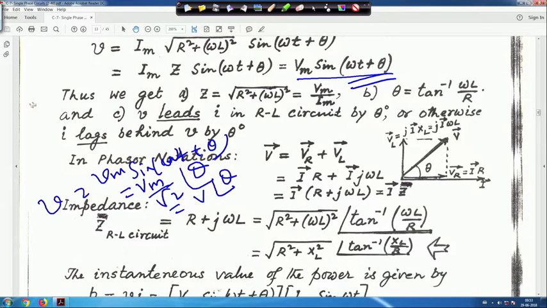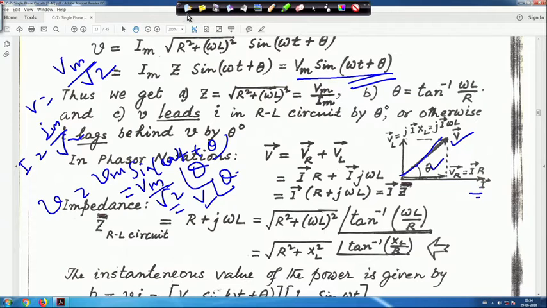V is the RMS value, V is equal to Vm by root 2. Similarly, I is equal to Im by root 2, the RMS value. Here the angle is theta and theta is positive. So this is my V and this angle is theta. That means current I is lagging the voltage V by an angle theta, or V is leading the current I by an angle theta.